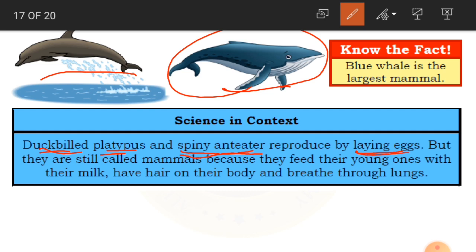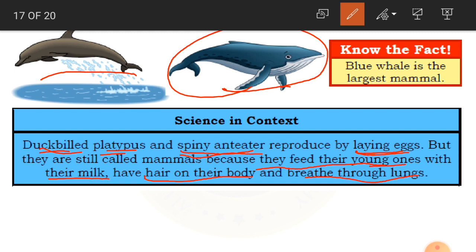Then how are they mammals? The thing is, they feed their young ones with their milk, some of them have hair on their body, and they breathe through lungs.